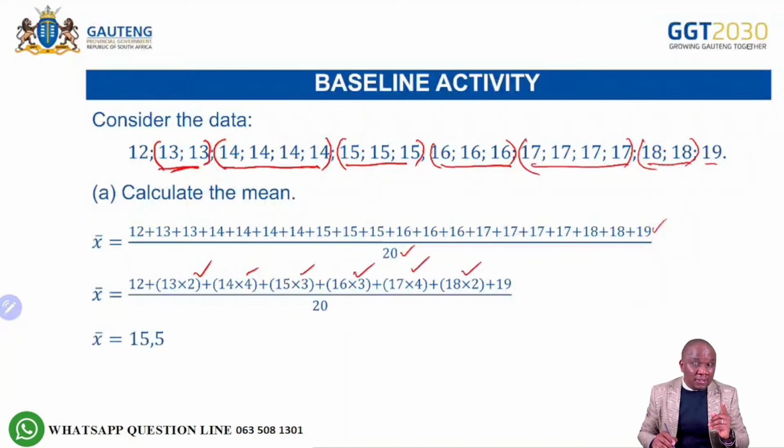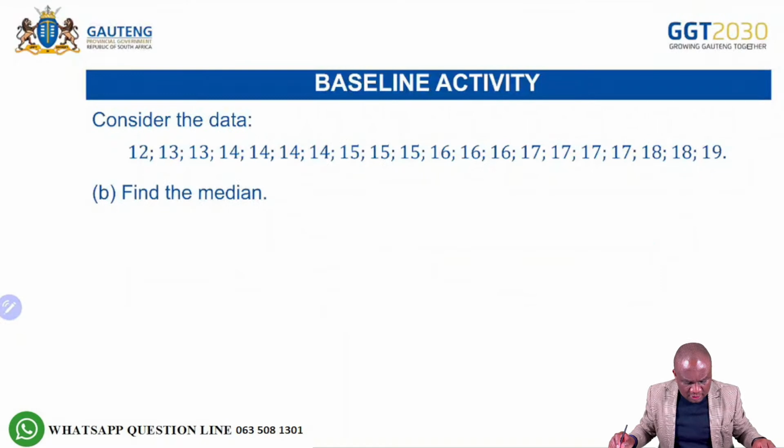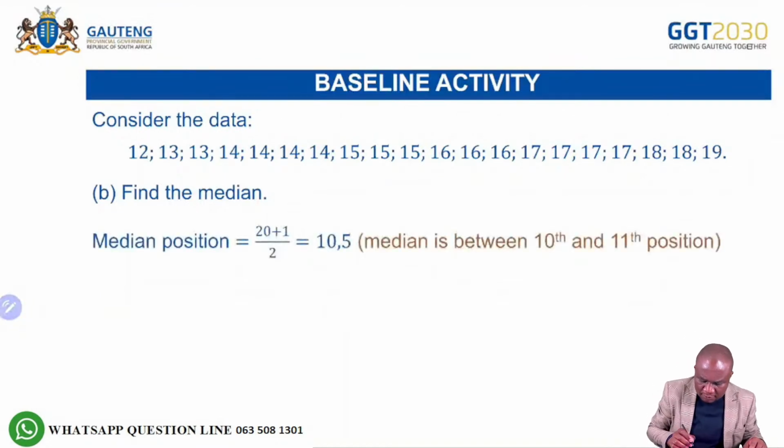Remember, today we're doing the measures of central tendency for grouped data. Then the median. How do we find the median? We have a formula that we use to find the position of the median. The median position is n plus 1 over 2, where n is the number of data items.